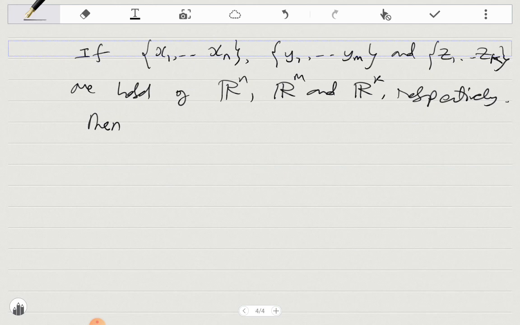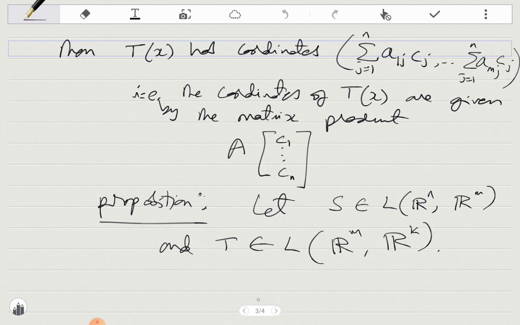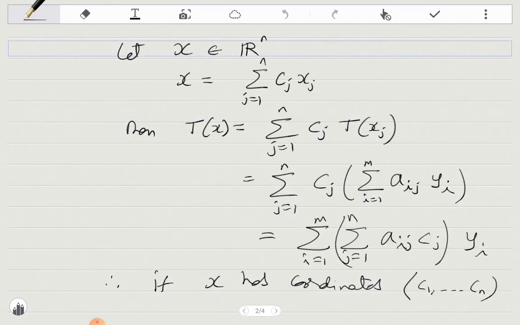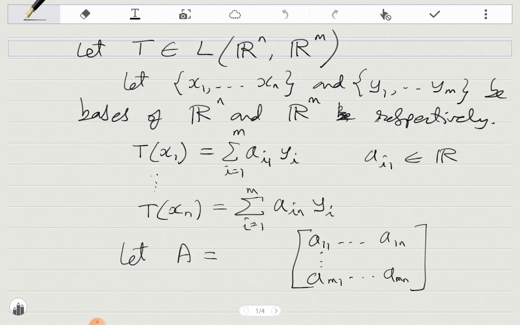Let me introduce the notation here itself. When I introduced the matrix of T, I denoted it by this capital A, which was somewhat arbitrary. The more standard notation, which shows its dependence on T, is to write it as T with square brackets around it.